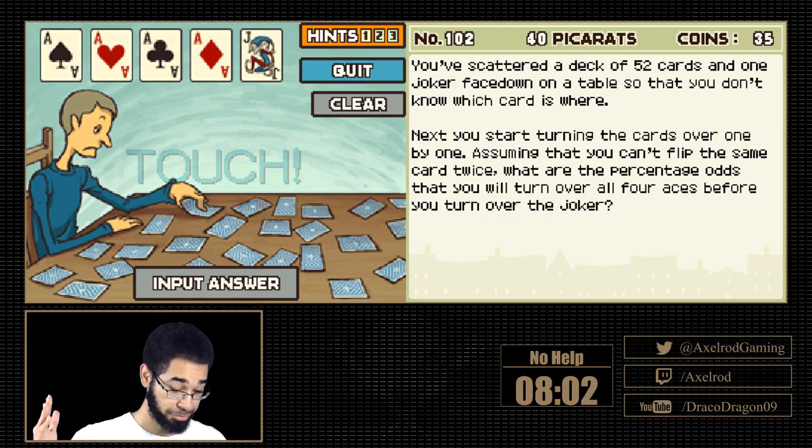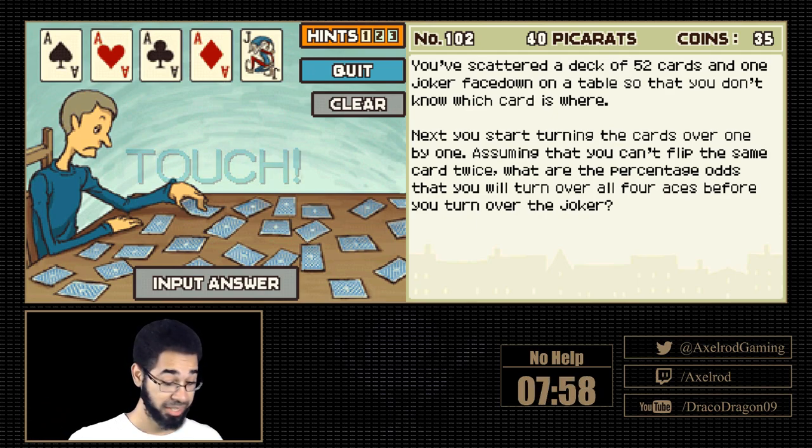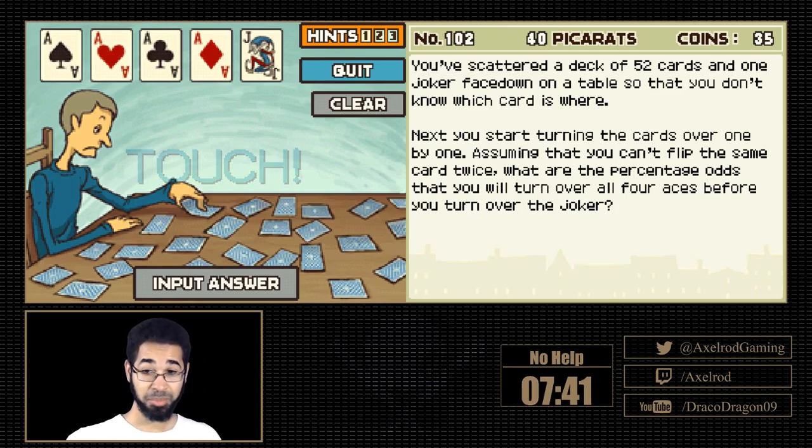I have a 4 out of 53 chance to pick up the aces. So my odds are 4 times as likely that I will pick up an ace before I pick up a joker.